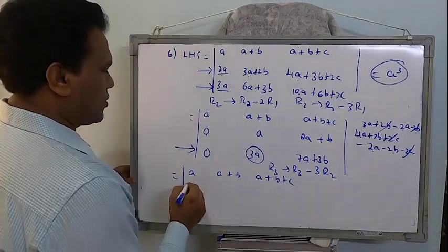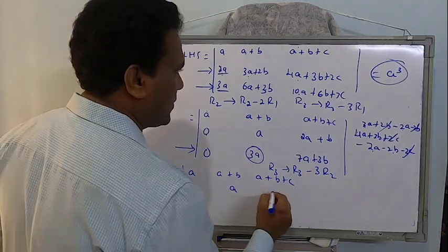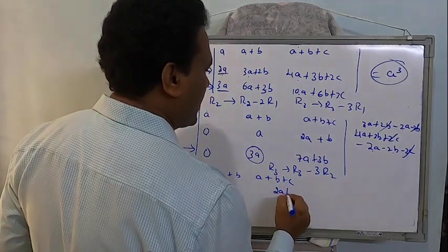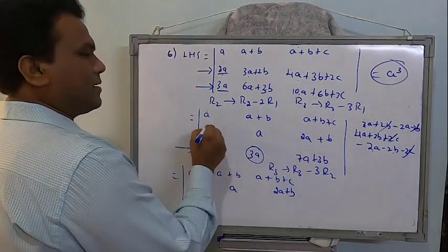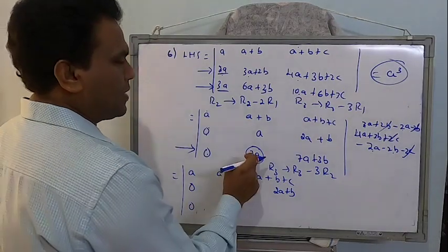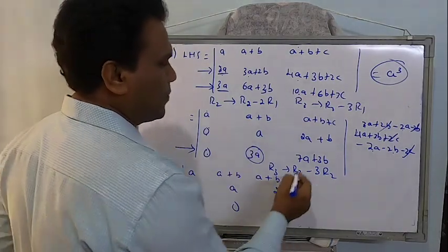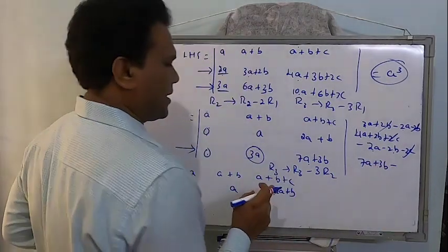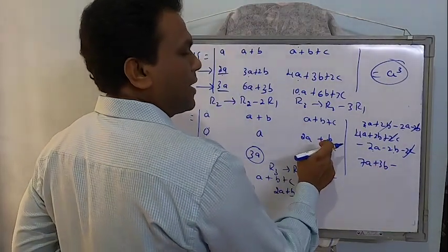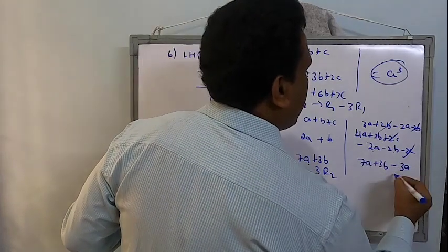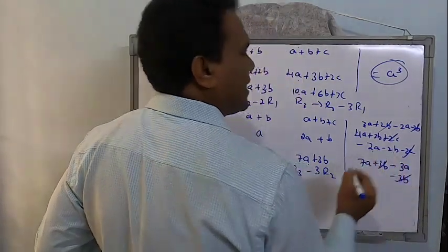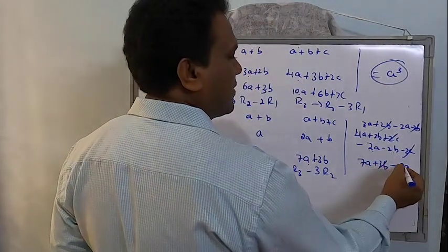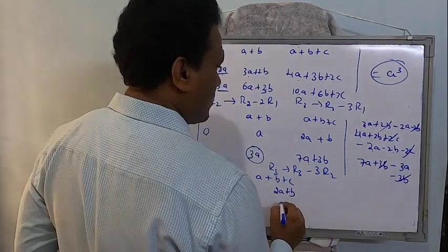So no change in R2: 0, A, and then it's going to be 2A plus B. 0 minus 3 times 0, still 0 only. 3A minus 3A will be 0. So 7A plus 3B minus, look here, this has to be multiplied by minus 3. So minus 3A minus 3B, this gets eliminated, right? So what's the remaining? 7A minus 3A will be 4A.